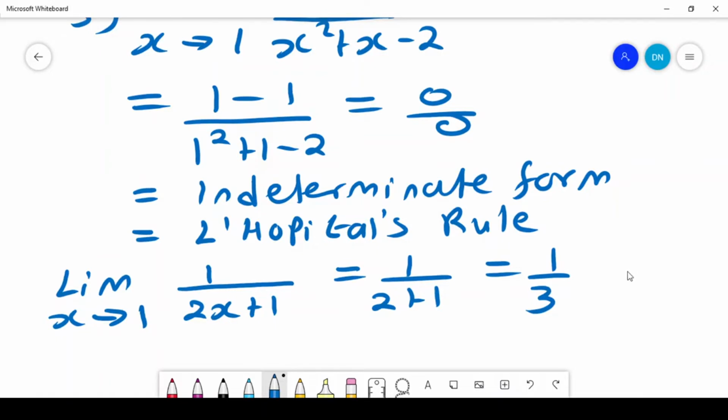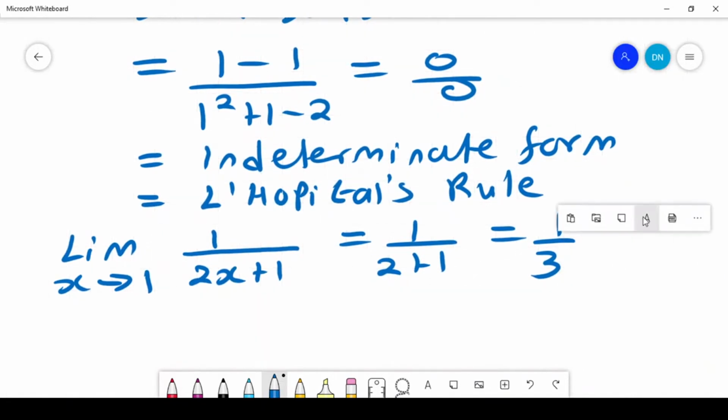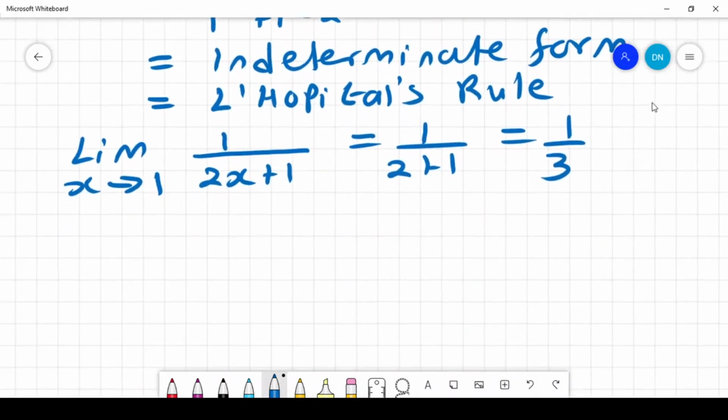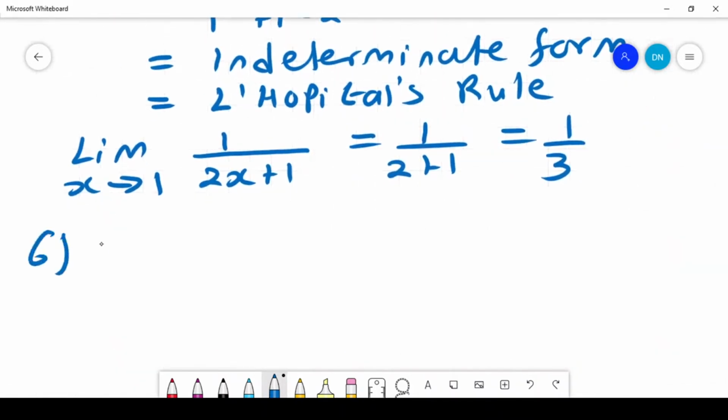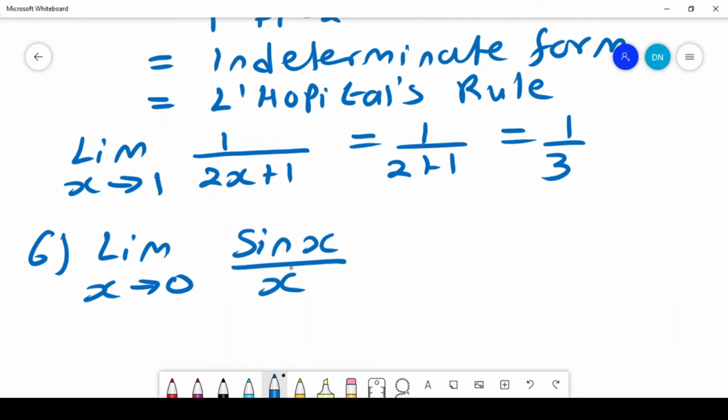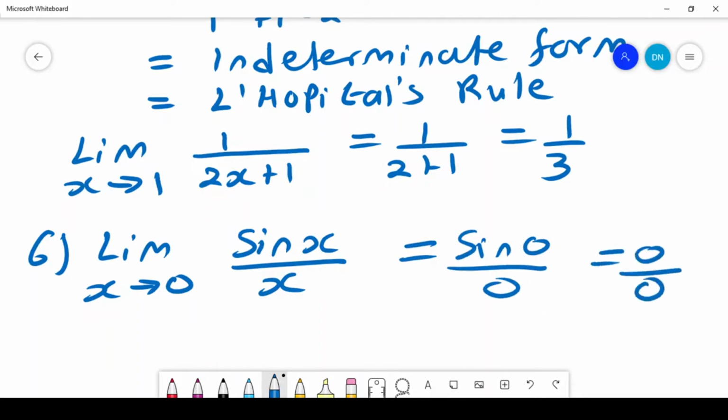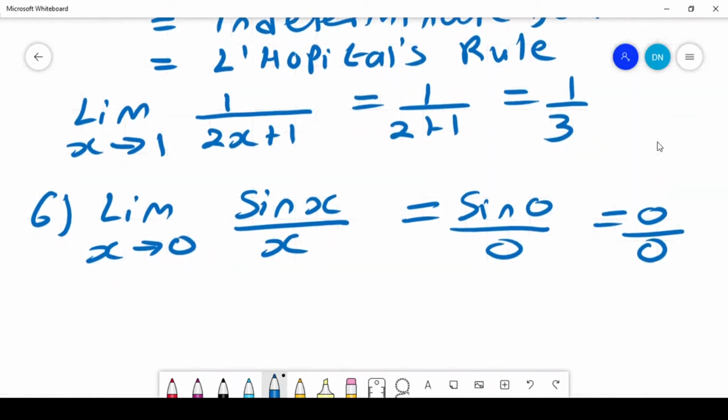And that will apply in other cases. For example, a problem like the following we want to look at. If we look for the limit as x tends to 0, if I was to substitute this directly, it will be sine 0 over 0, which is 0 over 0, which is again indeterminate. And since it is indeterminate, what do we do?